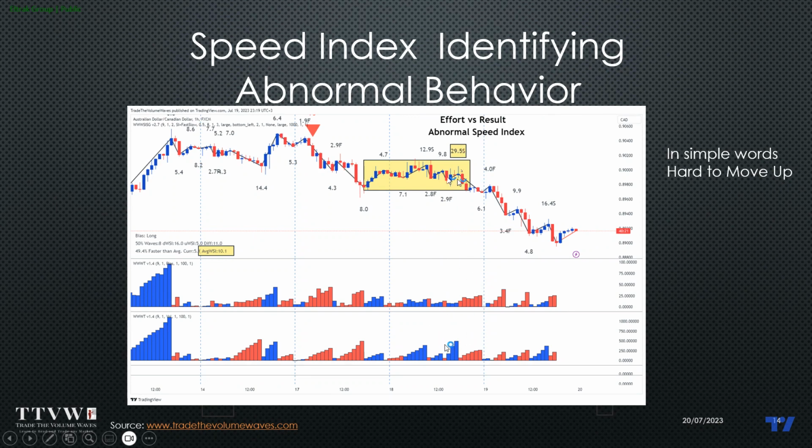I mean, you need to catch it with your eye to see it. Speed index always tells the truth, and the truth is that this up wave had a 29.5. There is no 29.5 all the way to the left among the previous up waves. So that's an abnormal behavior. Let's go to the next example.